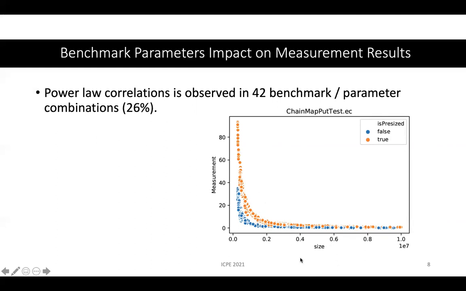But when we increase the value of the size parameter, the measurements will not change at all because here the performance is stable. So understanding this kind of relation will let the developer expect the performance value or the measurements regarding the size.